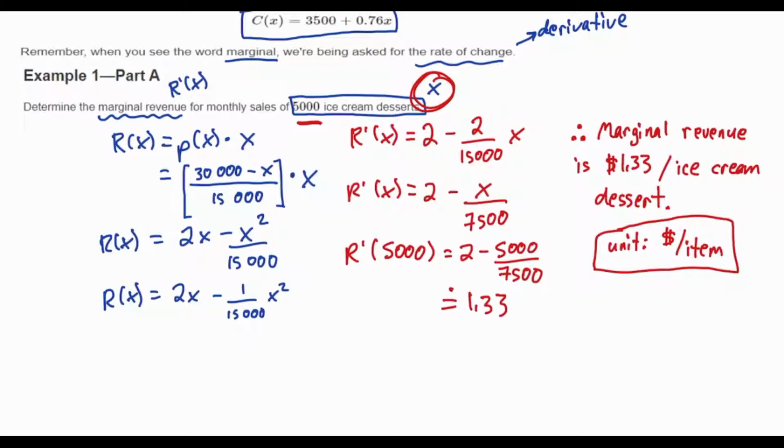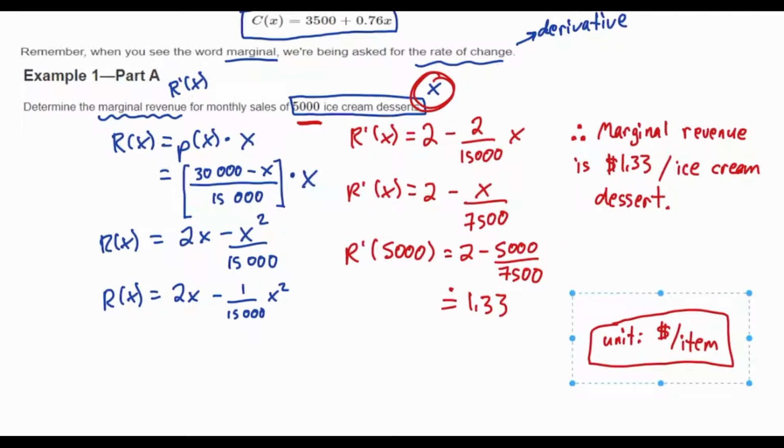And actually, we should add another piece of information that we're saying that this happens when the sales are 5,000 per month. So I'm just going to add that information in because I forgot. So therefore, marginal revenue is $1.33 per ice cream dessert when 5,000 are sold per month.